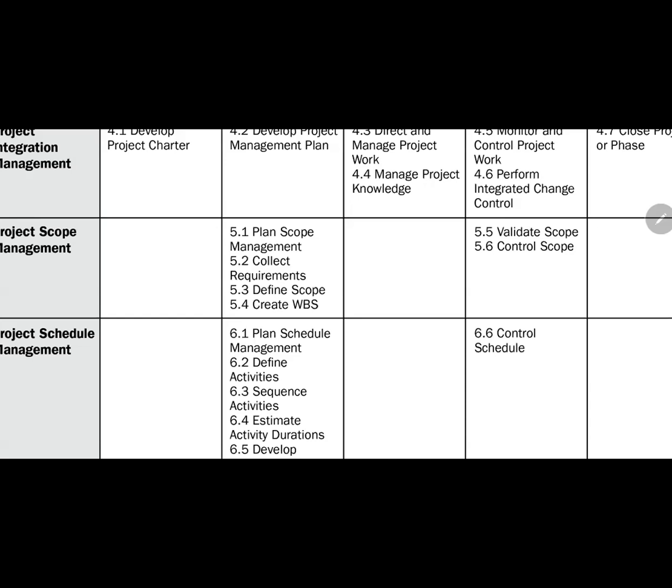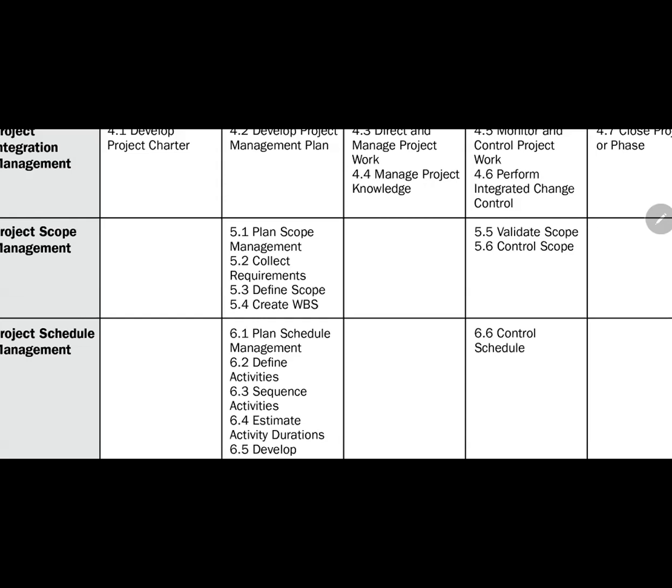The scope baseline is the approved version of the project scope, and that can only be changed through a formal change control process. Because why? If you change the scope of a project, you have actually altered the project. It is the blueprint of that project in terms of the product, the service, the results, and the features and characteristics or functionalities that characterize that product, service, or result.